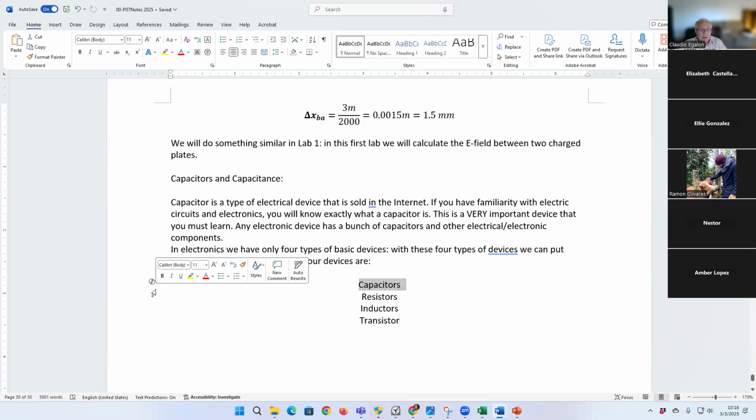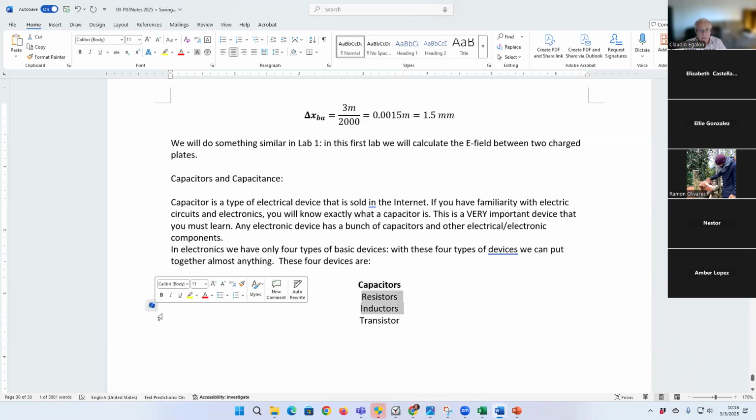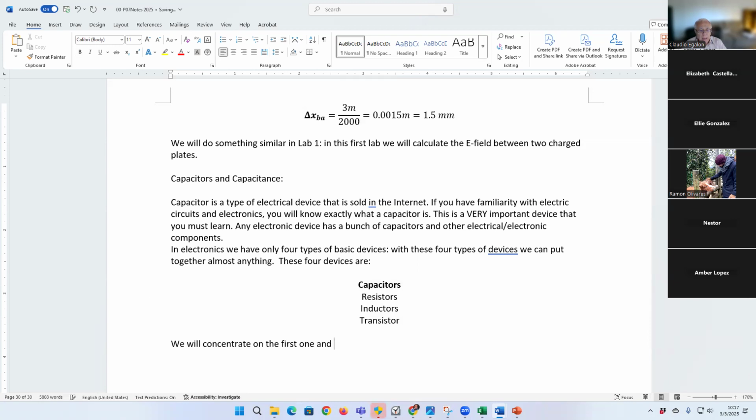We are concentrated on this one here for now. Later on, we're going to learn about the resistor and the inductor. We are not going to talk about transistor, okay? We will concentrate on the first one, and later on I will introduce you to resistors and inductors.